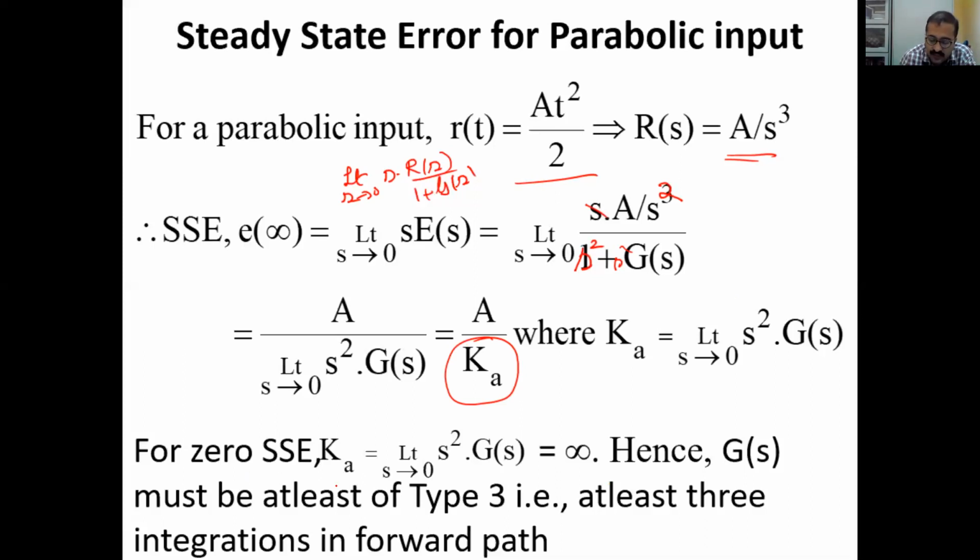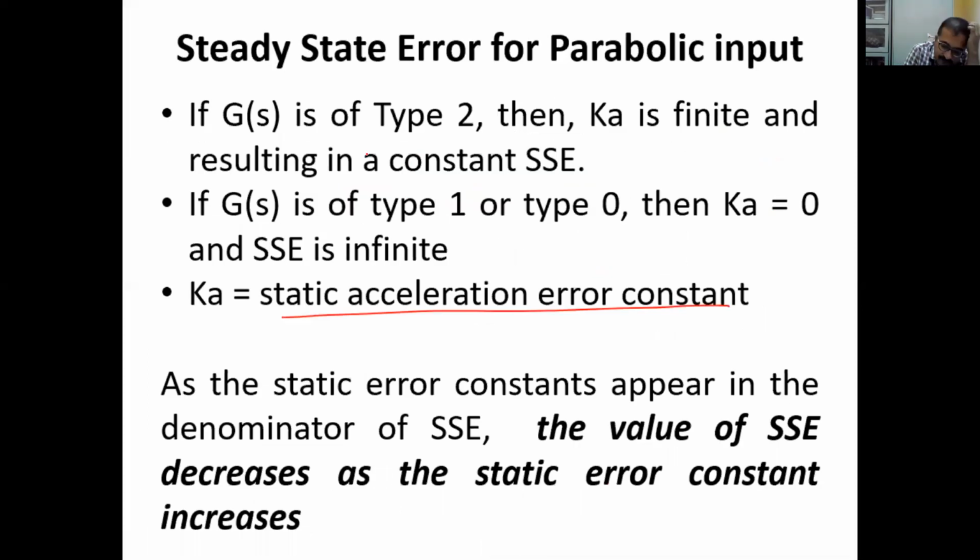So for 0 steady state error, Ka must be infinity, which means g of s should be at least of type 3. So if g of s is of type 2, Ka is finite and it results in a constant steady state error. If g of s is of type 1, Ka equals 0 and steady state error is infinity.